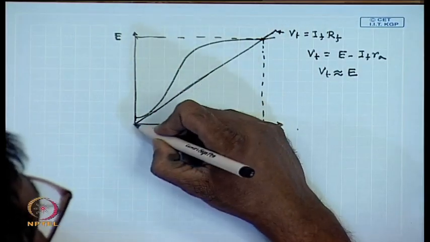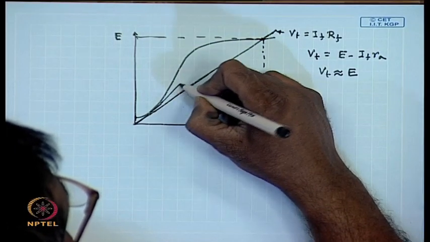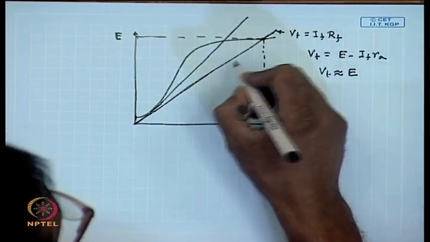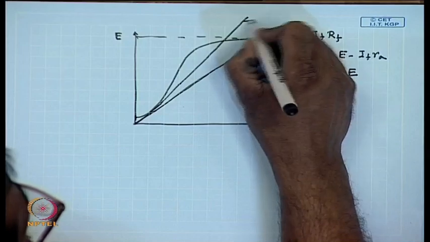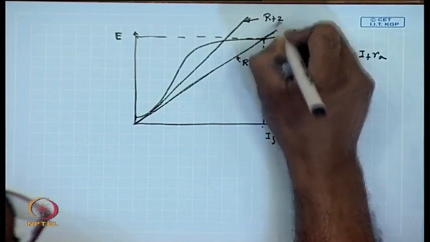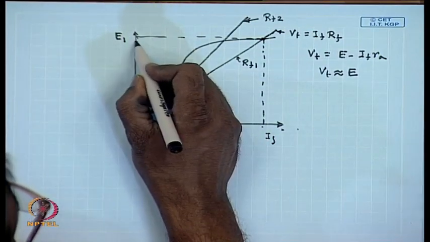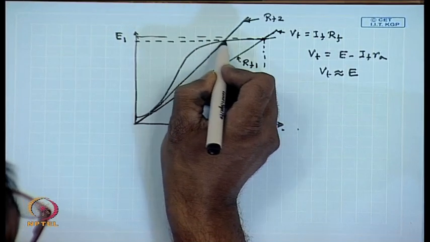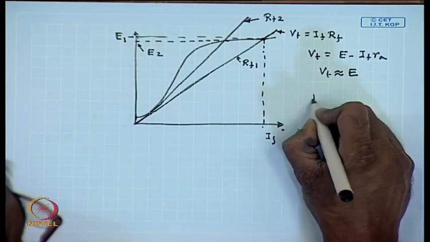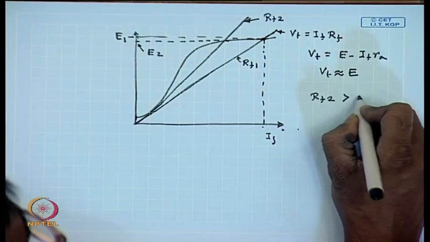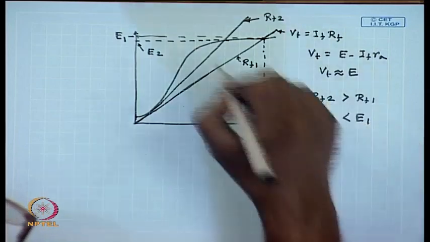For example, if the field winding resistance is increased, this is R f 1, this is with R f 2, then the terminal voltage of the machine at no load will change from E 1 to E 2, and if R f 2 is larger than R f 1, E 2 will be smaller than E 1.